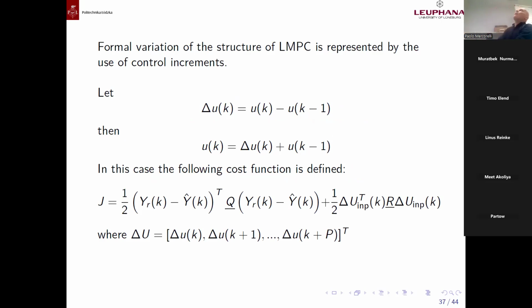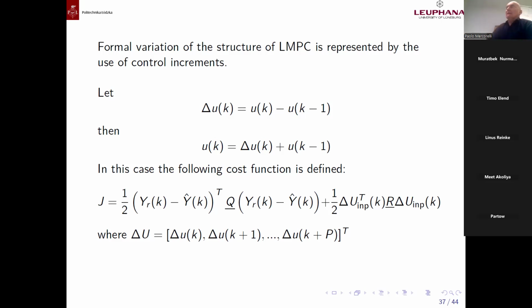It's another form to obtain the solution. Remember, before we calculated directly U capitalized of k, which is basically the future vector of the input. Here we are considering the difference.